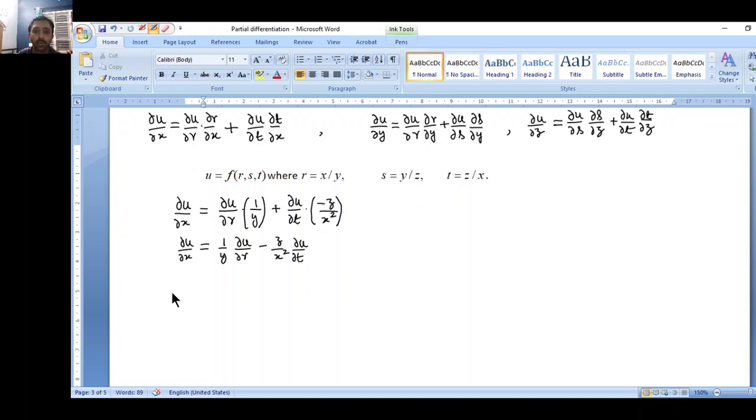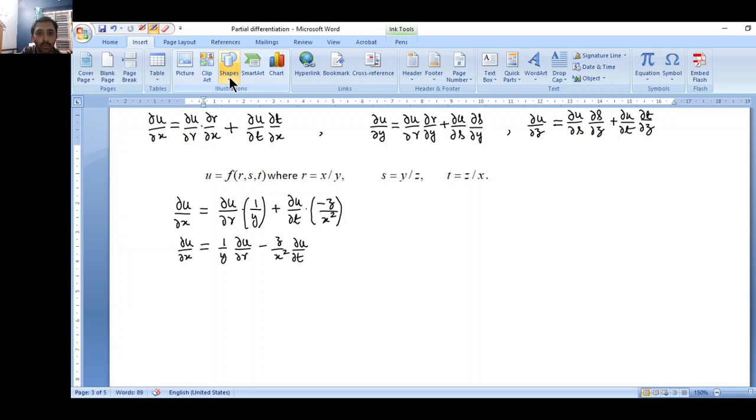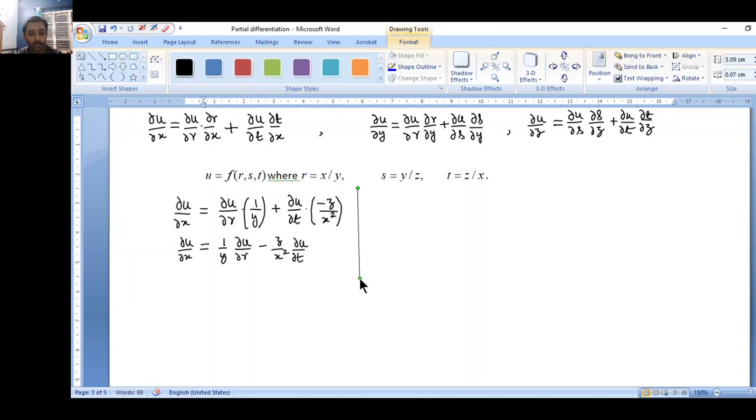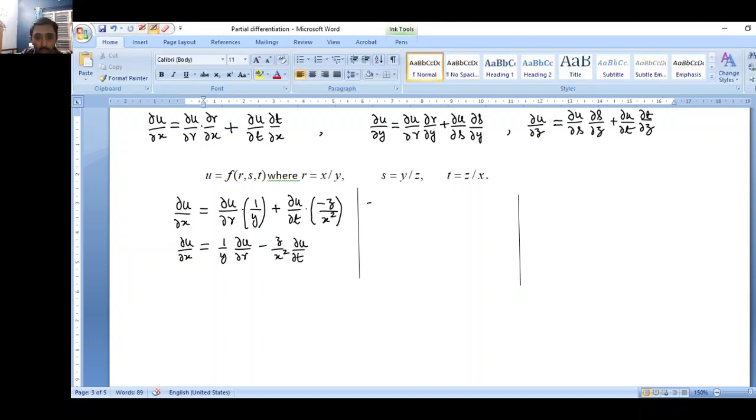Okay. Now similarly, we will find ∂u/∂y and ∂u/∂z. But just before that, I will try to segregate these things by drawing two different lines so that I will be able to understand things in a better way. Okay, so now coming back to the required expression, I'll go for ∂u/∂y.